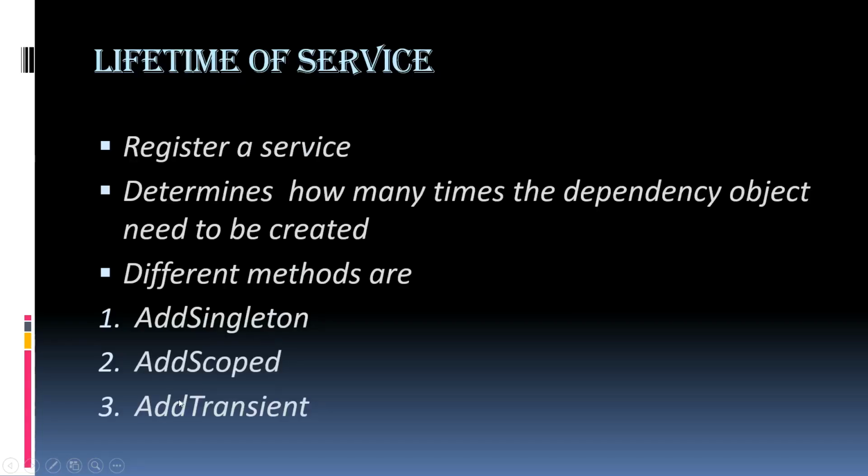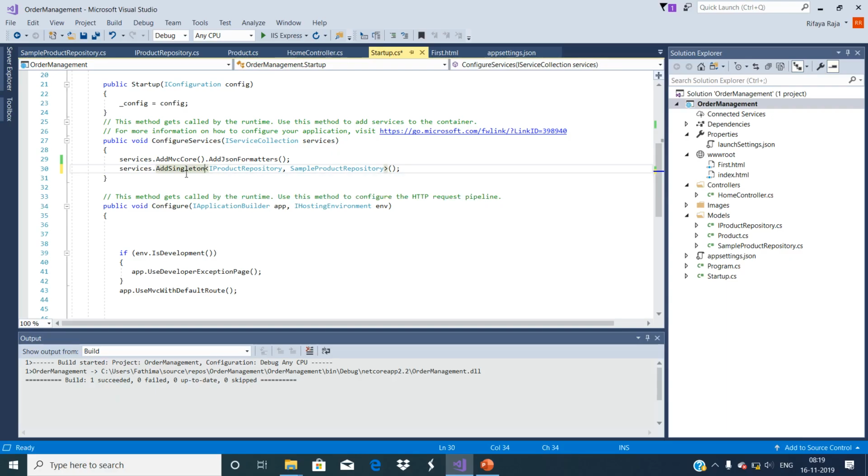AddSingleton, AddScoped, and AddTransient are the methods that we use to register a service, and they determine the lifetime of that service. With AddSingleton, the service is created only once and used everywhere. If we use AddScoped, a new instance is generated for every scope, and each request is a scope.